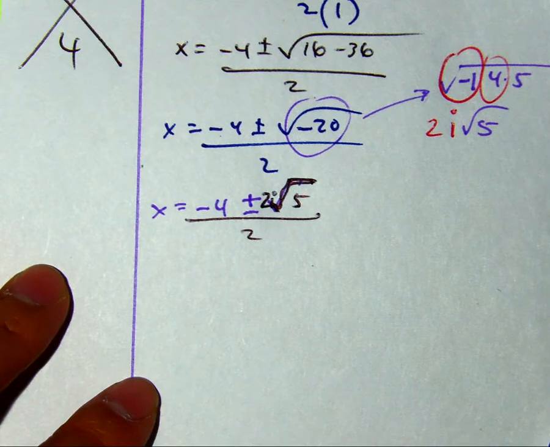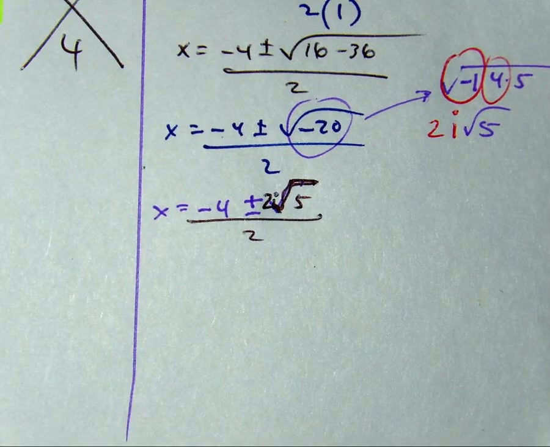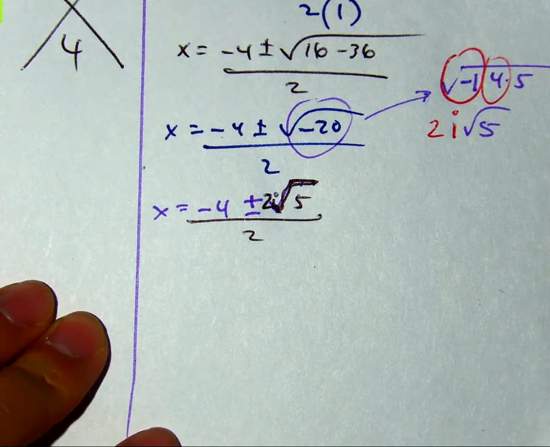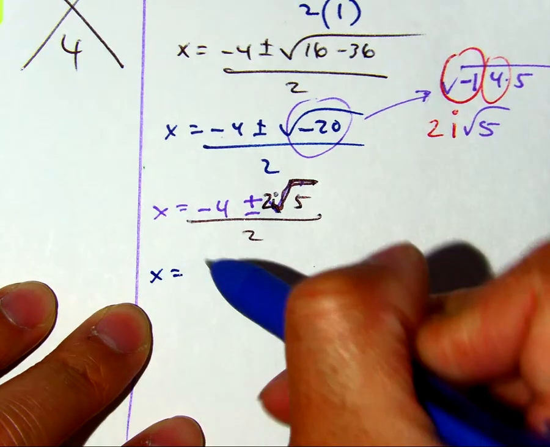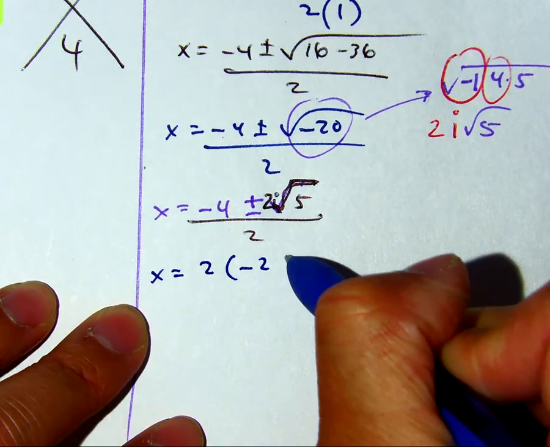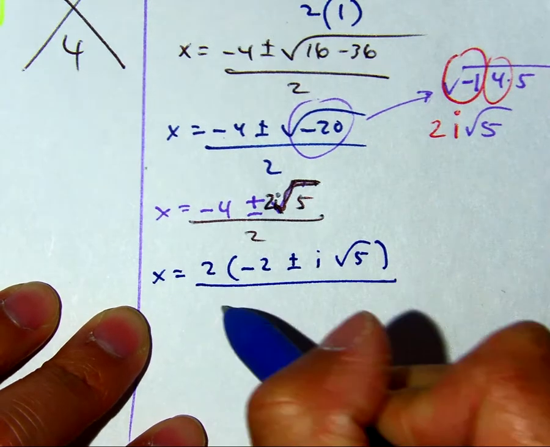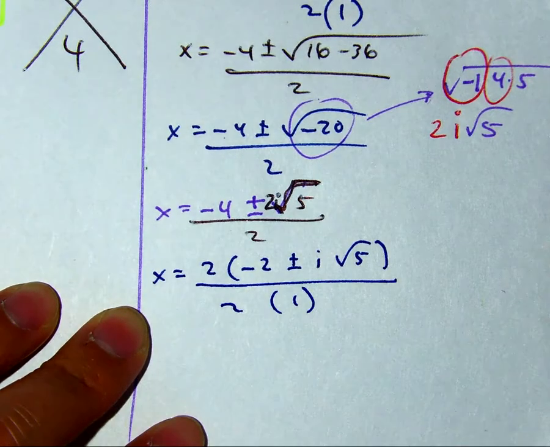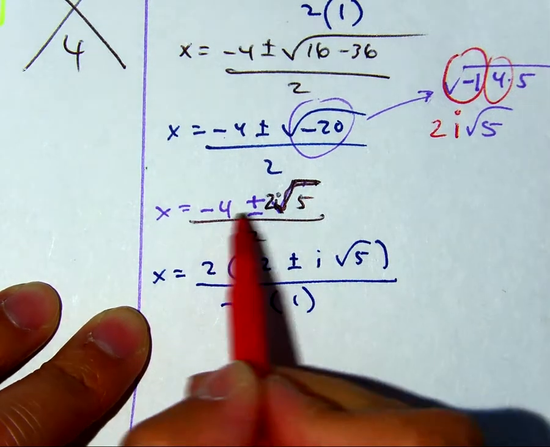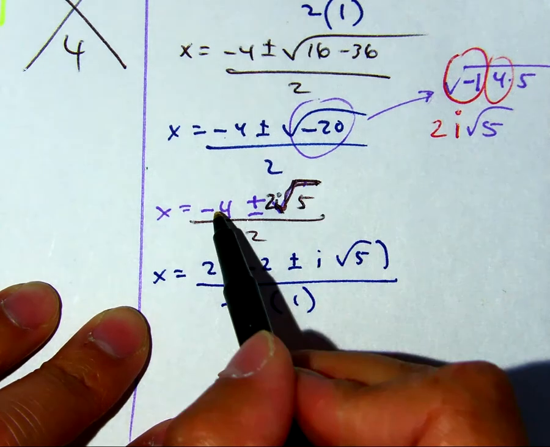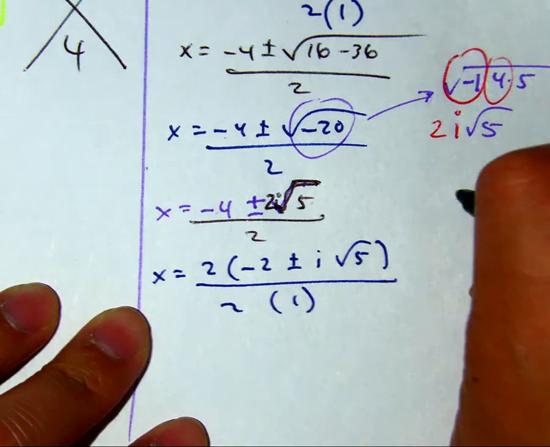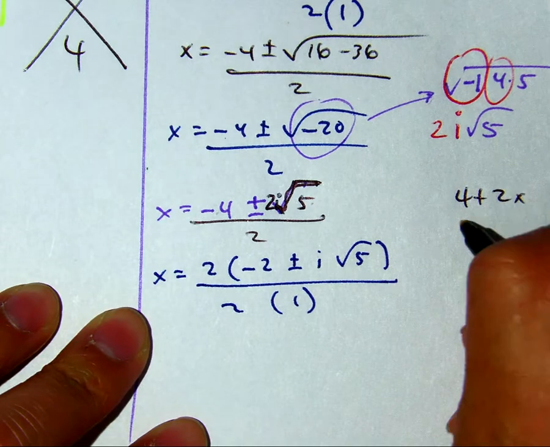It's just factoring out a 2, or GCF. So 2 times -2 plus or minus i radical 5, all over 2 times 1. What I did there is, if you think about this problem, think of it as like a 4 plus 2x. Your GCF would just be a 2.